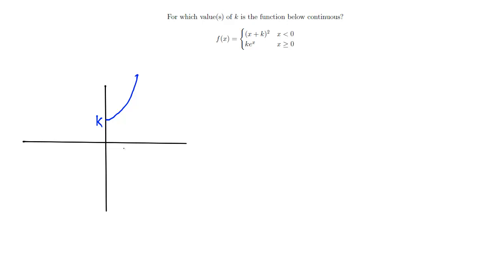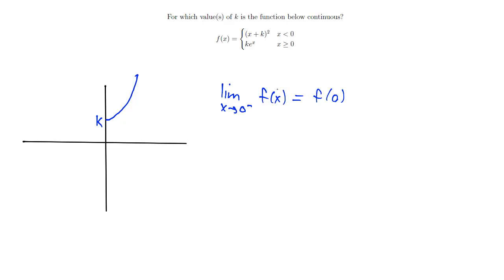Initial value. Notice when x is 0, e to the 0 is 1, so we just get k there for f of x. Again, what we need to do is make sure that the limit as x approaches the possibly bad spot, 0, just from the left of f of x, is equal to f of 0. This is one of the properties of continuous functions that we must satisfy. Well, what is this limit?